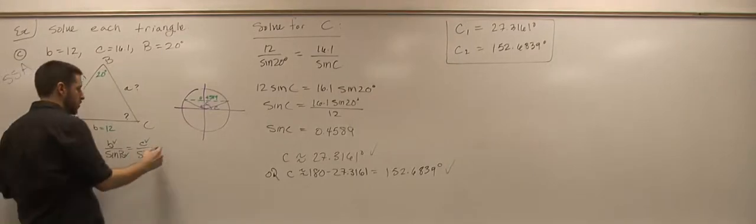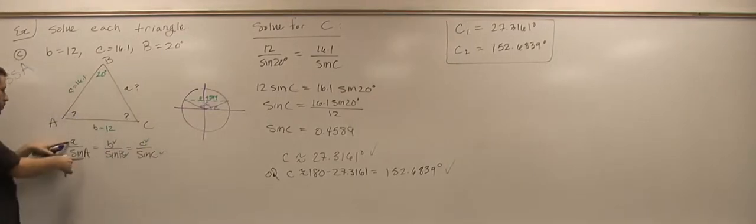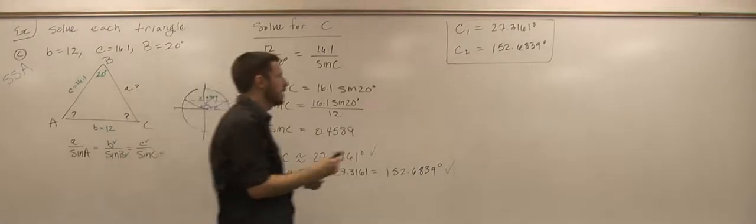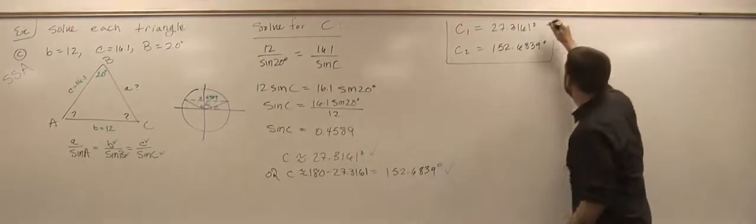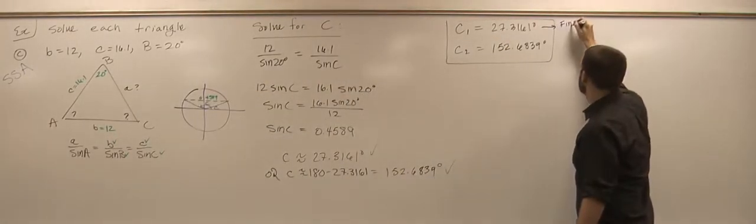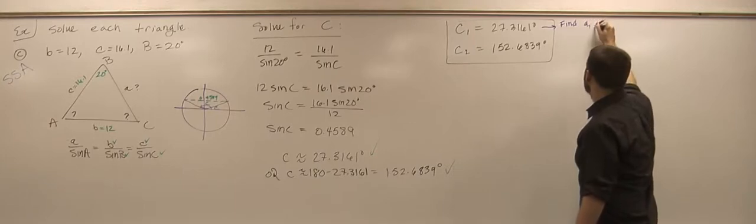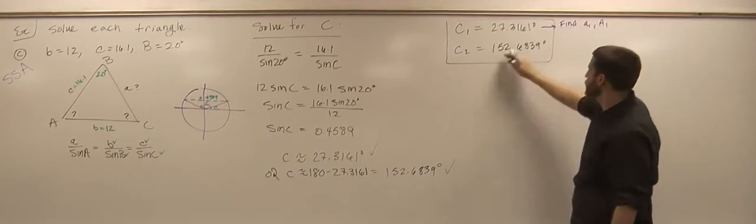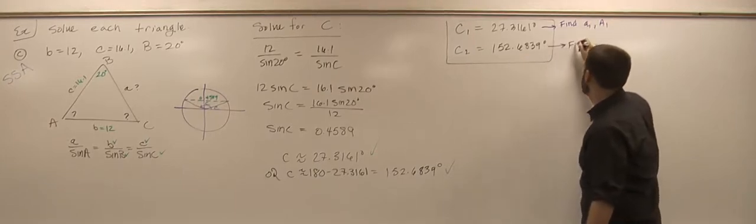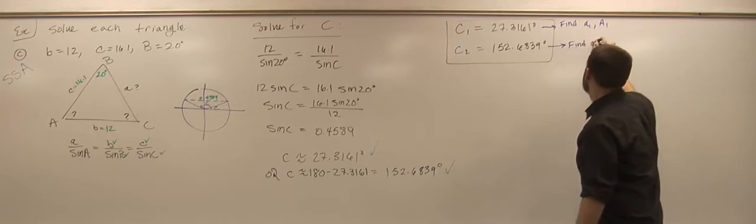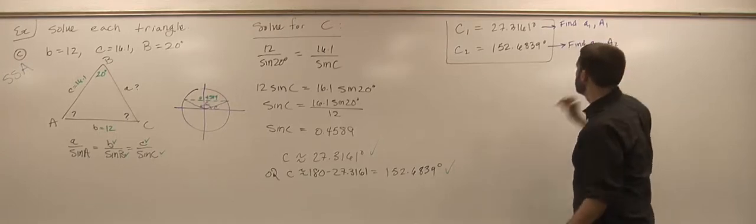So we have two choices for this angle, which means we're going to have two choices for both of these other unknowns. Associated with C1, we have to find a little a1 and a big A1, and associated with C2, we have to find a little a2 and a big A2.